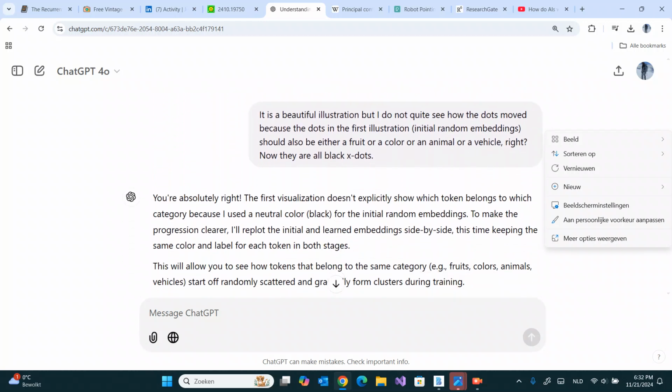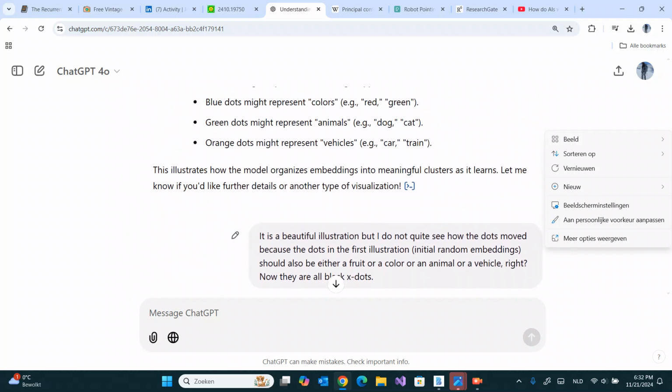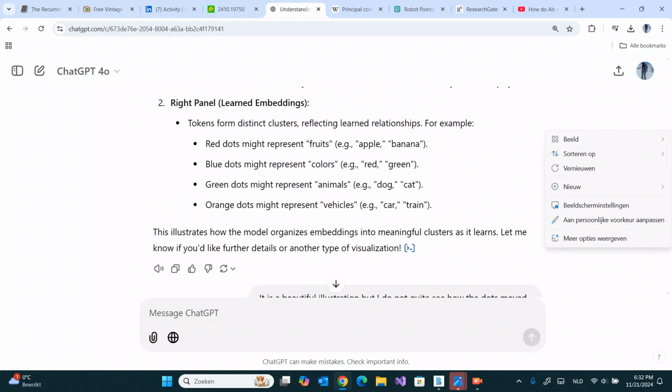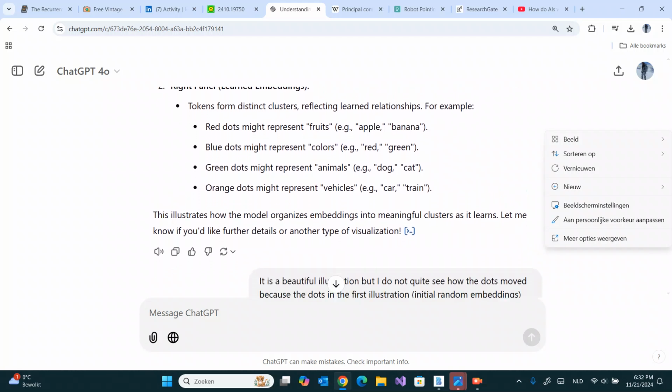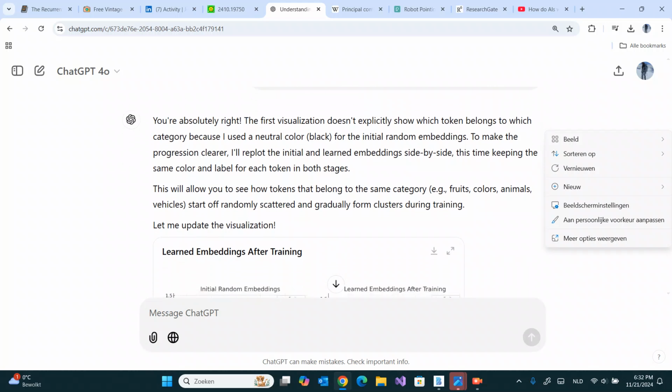They say, hey, this is a banana. This is red, this is green, and both are colors. This is a dog, a cat, and both are animals.